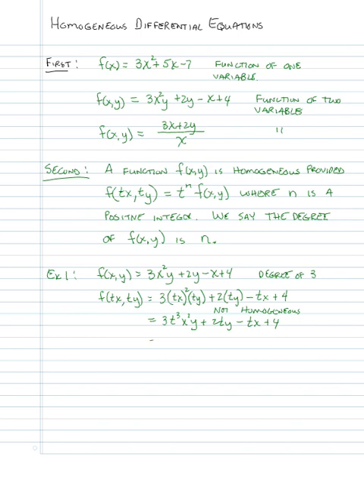For it to be homogeneous, we would need to be able to write this as t cubed times f of x comma y. That would mean it would have to be t cubed times 3x squared y plus 2y minus x plus 4. And so you see, that's not true, is it? Okay, that's not true. We don't have a common factor of t cubed, and so this is not a homogeneous function.